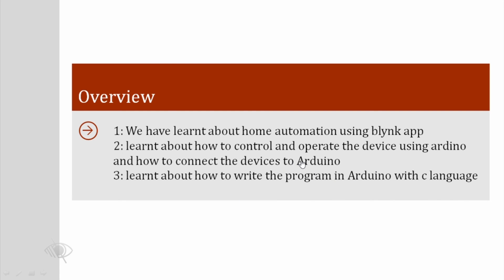And then how to control and operate the devices using Arduino, and how to connect the devices, namely the temperature system, water control system and garden light system, to the Arduino for controlling with the Blynk app. This we have also learnt in the internship.